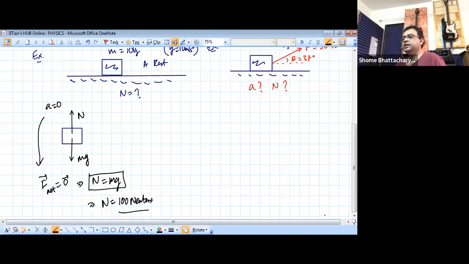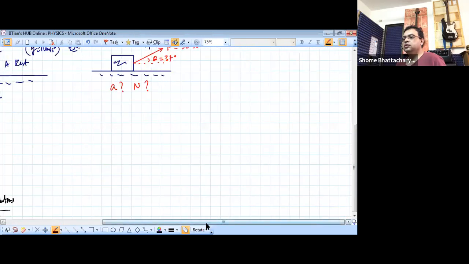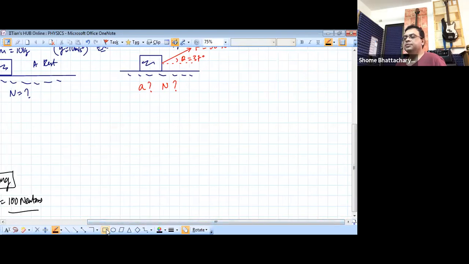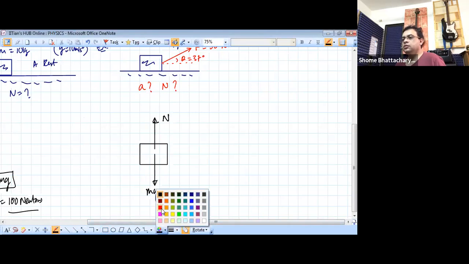Now coming to the second case, see what is happening in this. There's the weight of the object, there's normal reaction, but along with that, there is also this force which is acting.